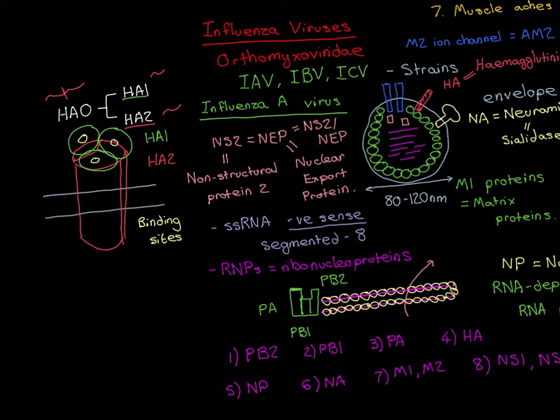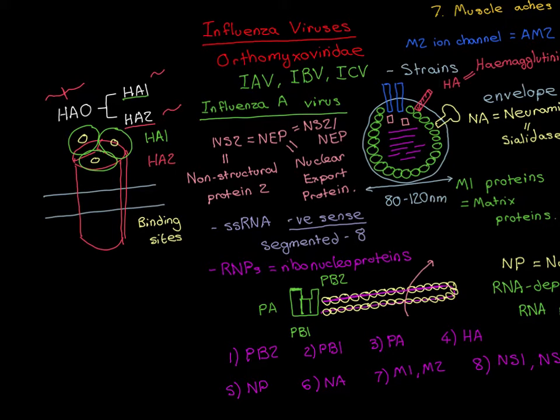So, there is hemagglutinin. Next, let's do neuraminidase then in a little bit more detail. So, just as this hemagglutinin spike was not just a single polypeptide, it was actually made up of multiple hemagglutinin polypeptides coded for by genome segment number 4. Again, this neuraminidase structure, this mushroom structure that I've drawn here, is not a single neuraminidase polypeptide.